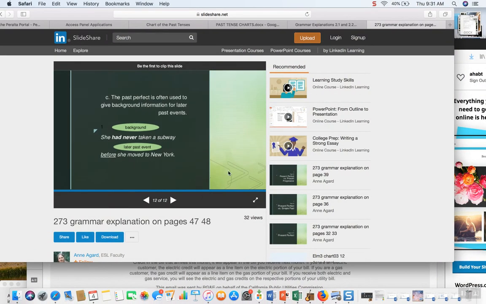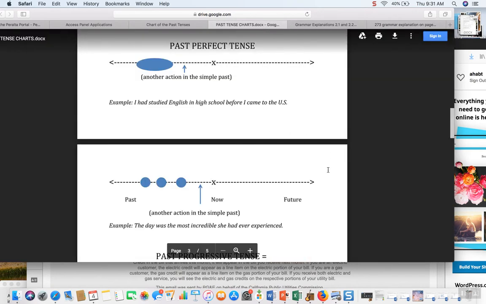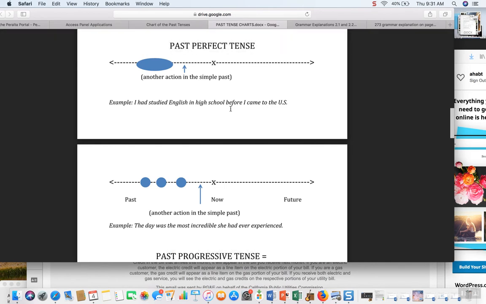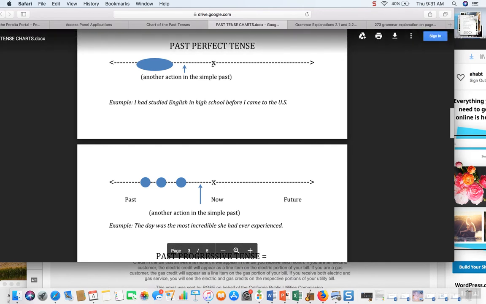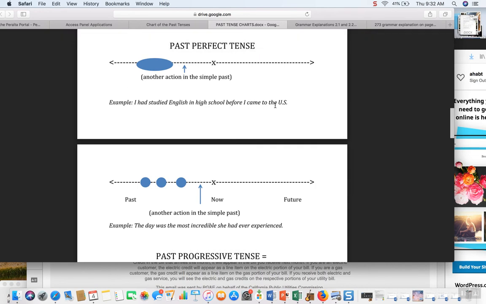And we can look at this chart. If we think about the past perfect, and this is now when I am speaking, here's another action in the simple past, and I'm talking about a situation that happened before then. For example, I had studied English in high school before I came to the US.